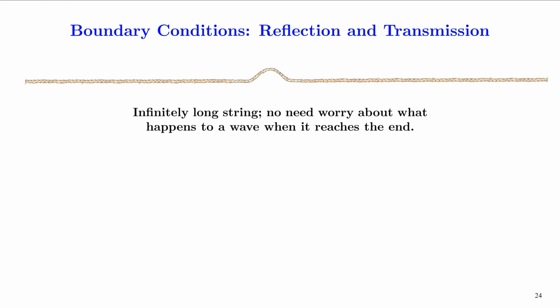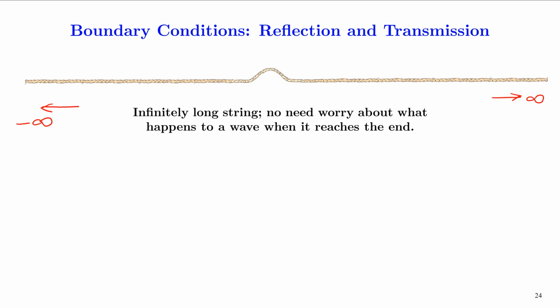In the previous discussion, to formulate the mathematical equation for wave motion, we have been considering a string that has been extended to plus and minus infinity. That is, we have been considering an infinitely long string.